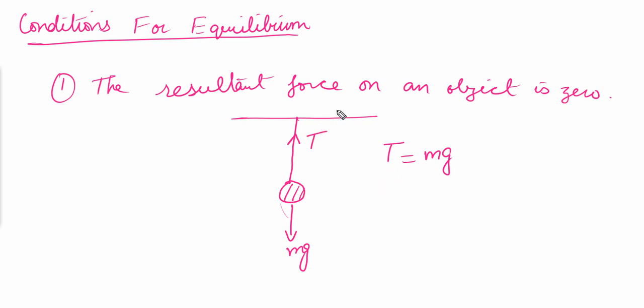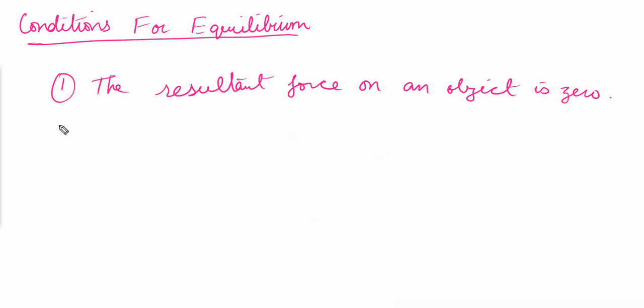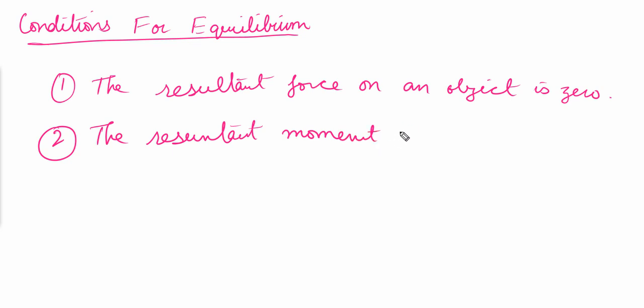Now let's see the second condition. The second condition is that the resultant moment on an object should be 0. Let's suppose we have an object that has been placed on a pivot.